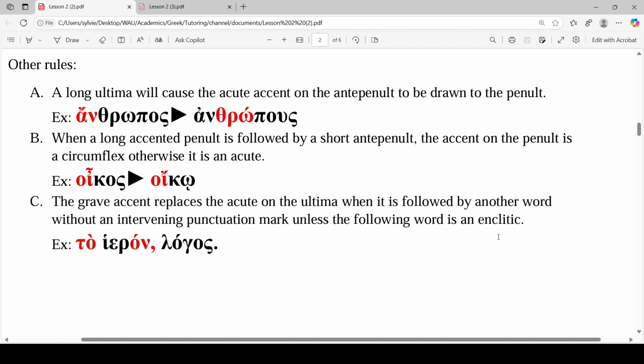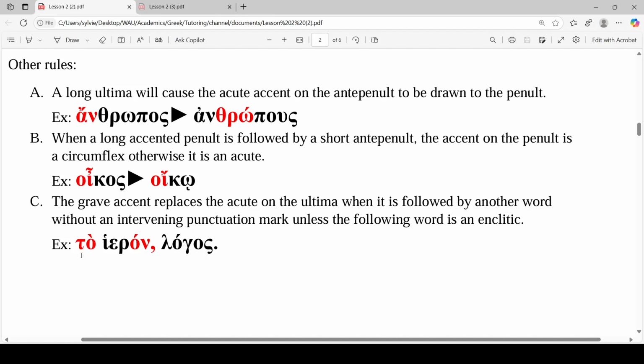Now let's focus on the essential part of the rule, which tells us that when an acute accent occurs on the last syllable of a word, this acute accent will be replaced by a grave accent if and only if this word is followed by another word without any punctuation mark.